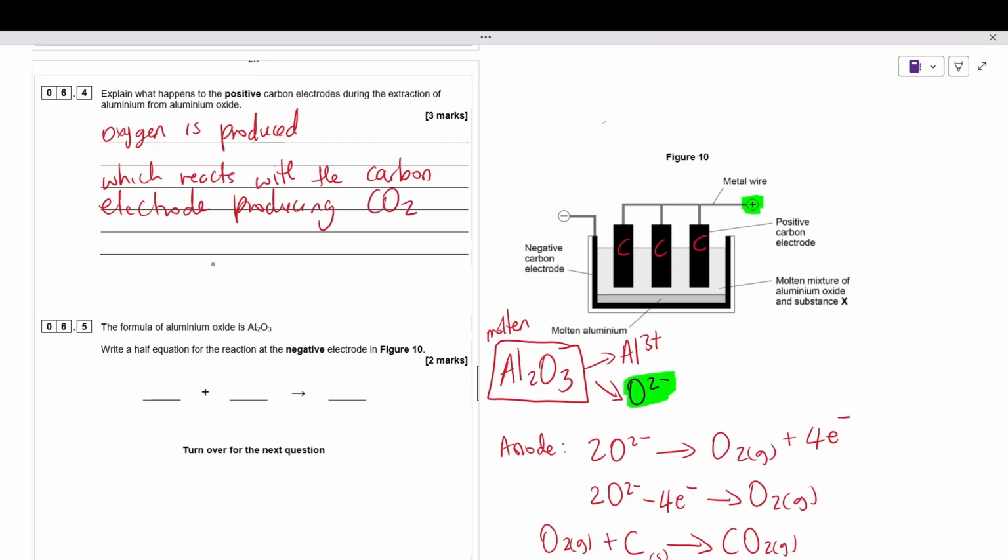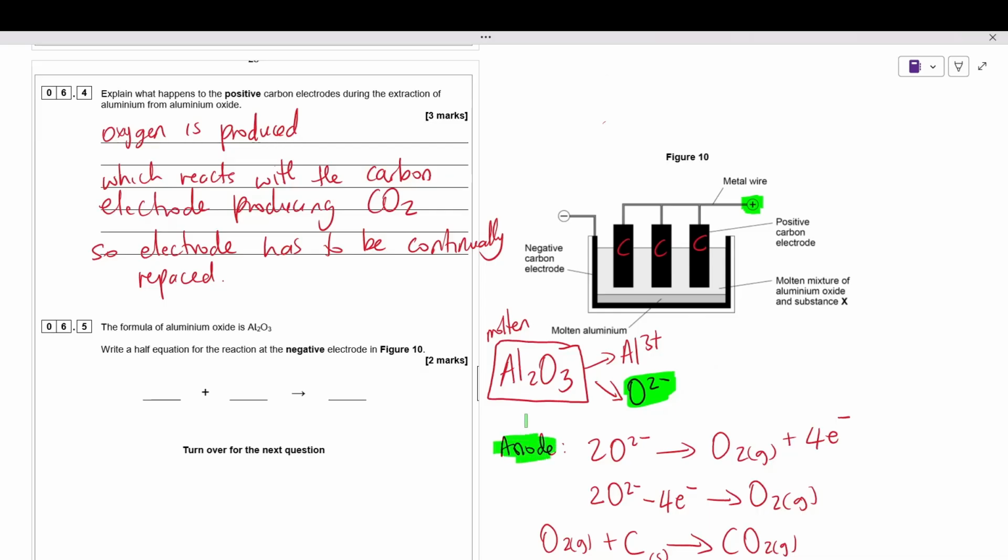So the electrode has to be continually replaced. And that's what's happening to the carbon electrodes that are at the positive end of this electrolytic cell. And this is a reaction that is taking place as a result of that happening. So that's at your anode.